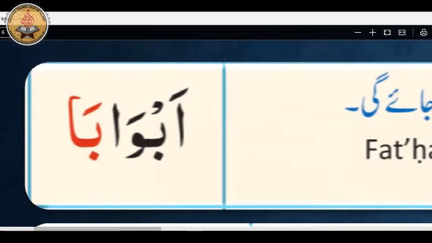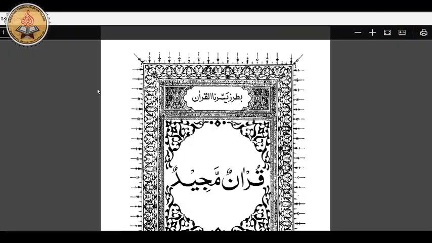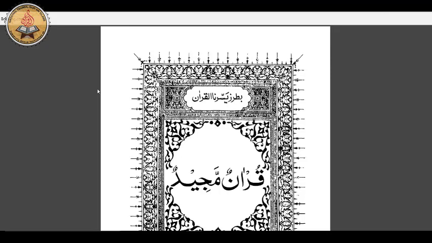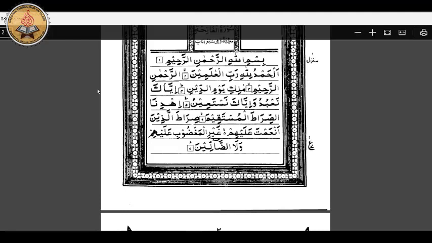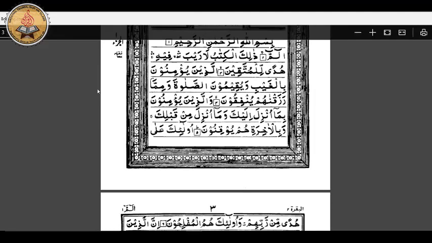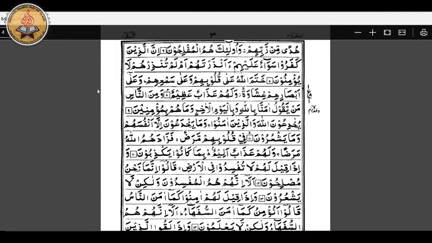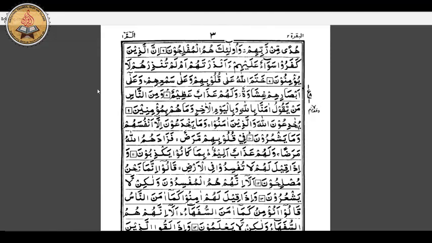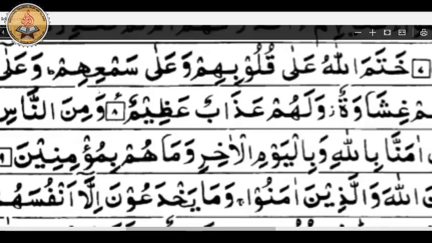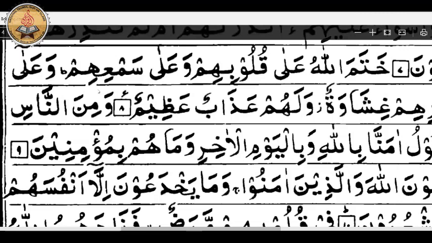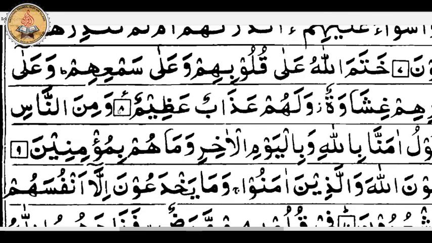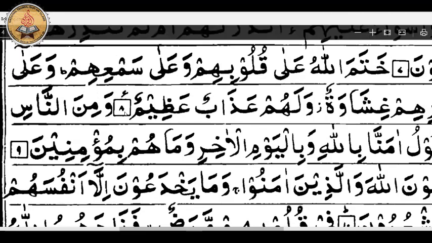Okay, so now let's see. Wait 1 second. We can quickly go to the Holy Quran, and I'll try to find an example, which is hard to do quickly. Okay, that's Dhammatain, right? And it's coming at the end of a verse, as you can see, verse number 8. Azim.